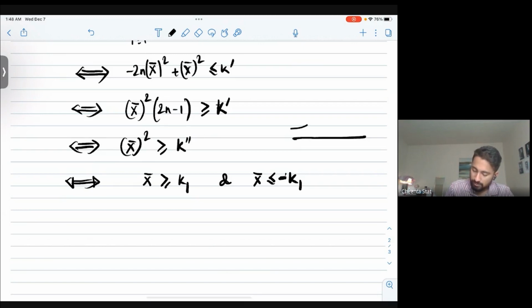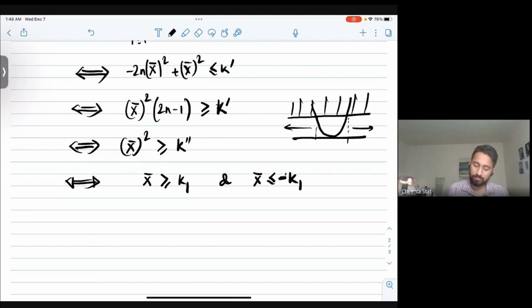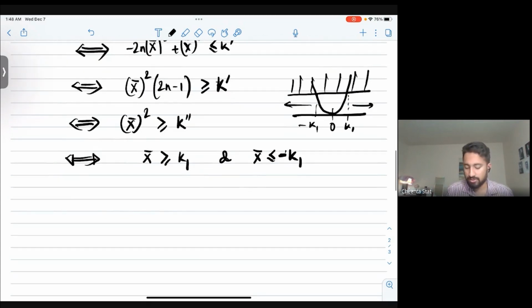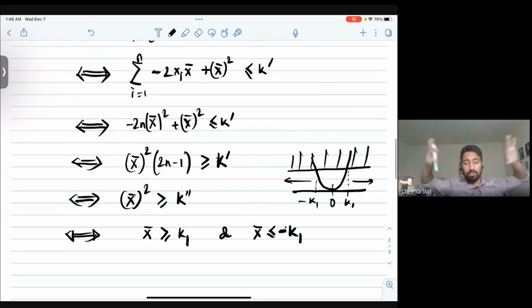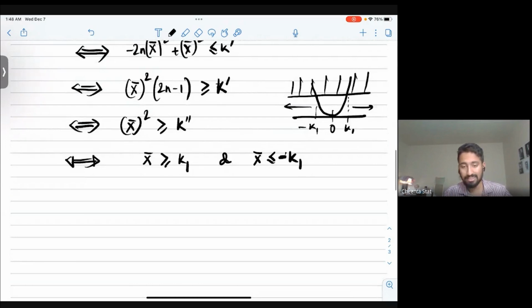Imagine this is a square, greater than or equal to a certain value, so it's either on this side or on this side, because the value needs to lie on this upper portion, between minus k1 and k1. So this is the rejection region. It makes sense because if it's further out on both sides, then it'll reject. This is the entire idea, and it is a logical way of thinking.